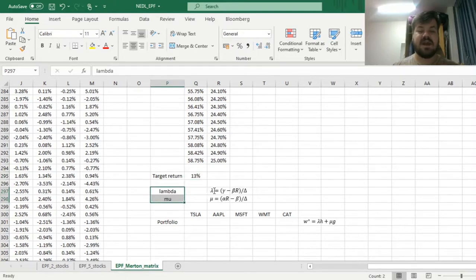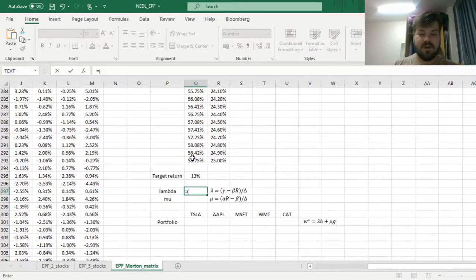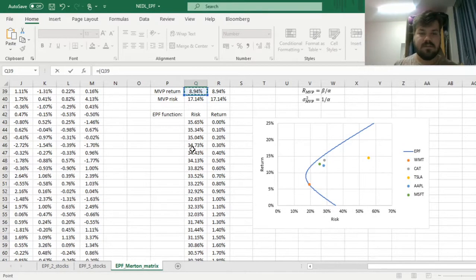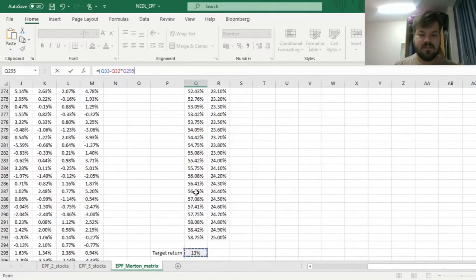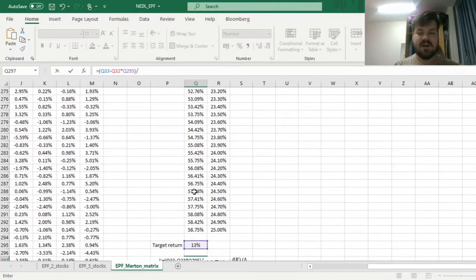Those two constants are lambda and mu, and they are basically just combinations of constants that characterize the investable universe, alpha, beta, gamma, and delta, and the target return. So lambda is gamma, so we're referring to gamma all the way up here, minus beta times the target return, divided by delta.